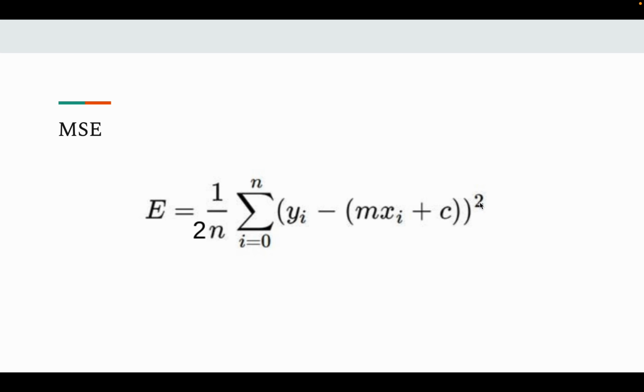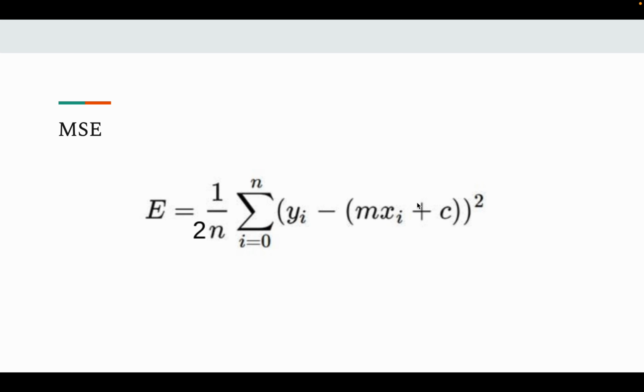Consider if we don't have the square, and the formula is just yi minus y predicted, that is m xi plus c. Then in some cases we will get positive values, and for some training data we will get negative values. So there is a huge chance that after summing, the terms will completely come to 0, and in that case we will not learn anything.